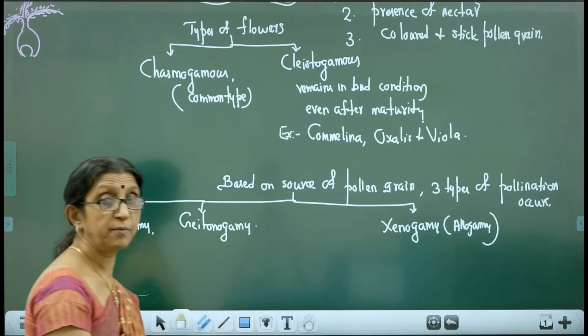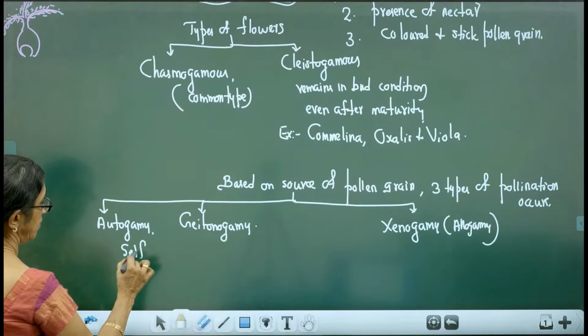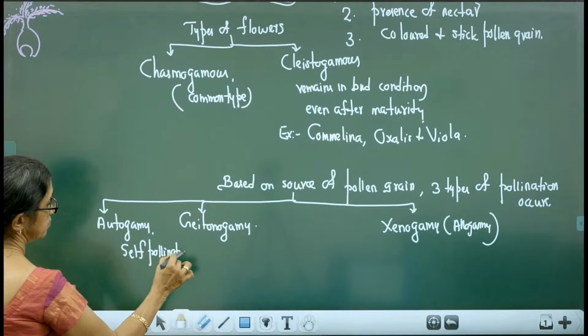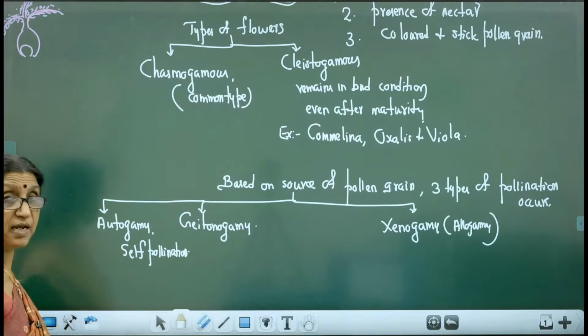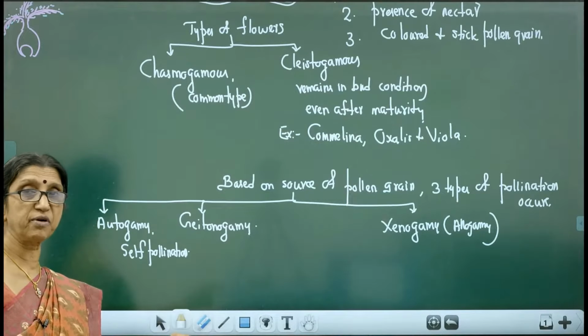Autogamy, that is self-pollination. Pollen grains are transferred from the anther to the stigma of the same flower, right?